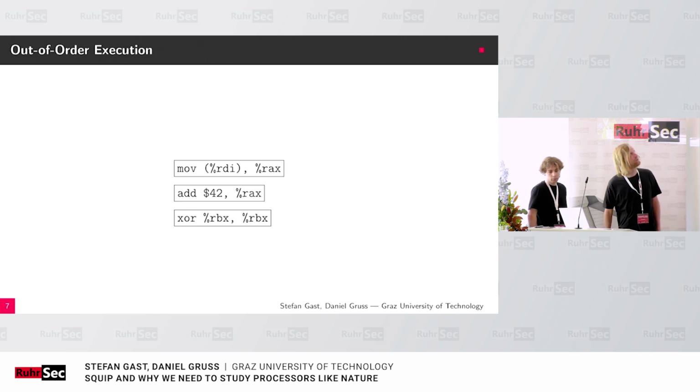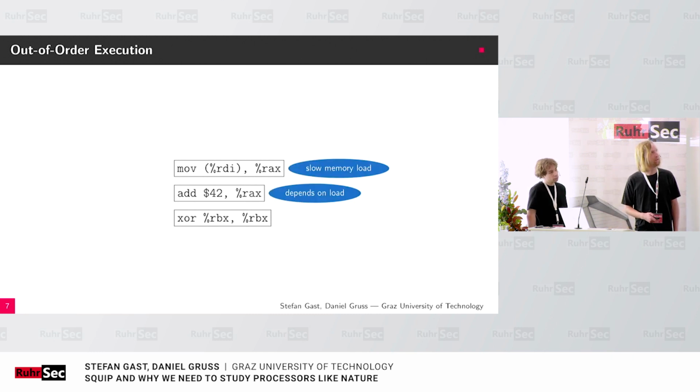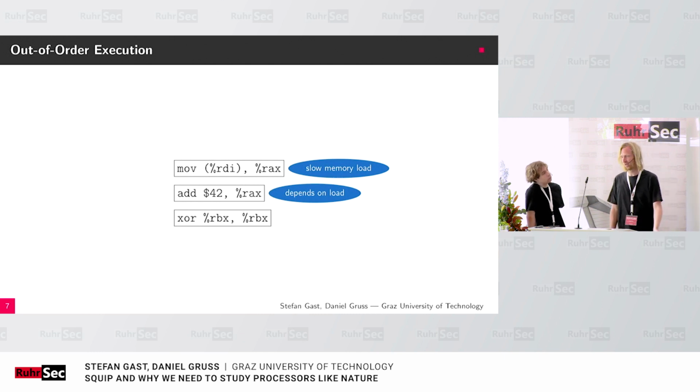So first of all, a brief recap about out-of-order execution. So we have 3 instructions in the program, one after the other, but that's not how the processor executes them. If you have a look at the instructions, then you see, okay, the first one is a slow memory load, and the second instruction depends on that load.